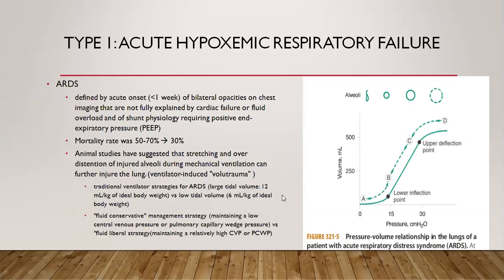So actually, it's a battle between giving large tidal volume versus low tidal volume. Later on, we will discuss which is a grade A recommendation in the management of ARDS. A fluid conservative management strategy is also one strategy for ARDS. This is to maintain a low central venous pressure or pulmonary capillary wedge pressure, versus a fluid liberal strategy.